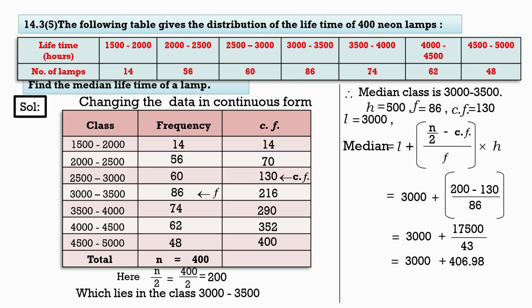Now if we do the fraction decimal division, you will get this value. So the final median is 3406.98. In the question the lifetime is given in hours, so 3406.98 hours. That is the median.